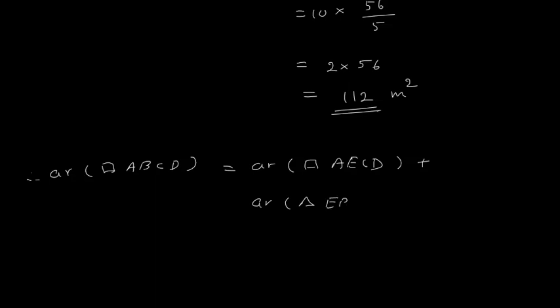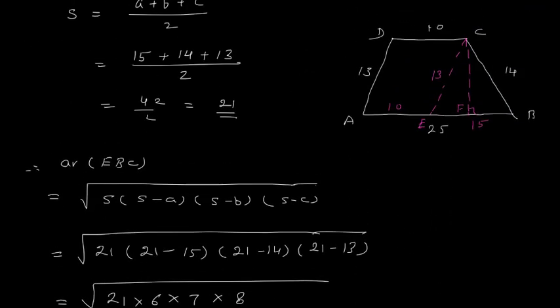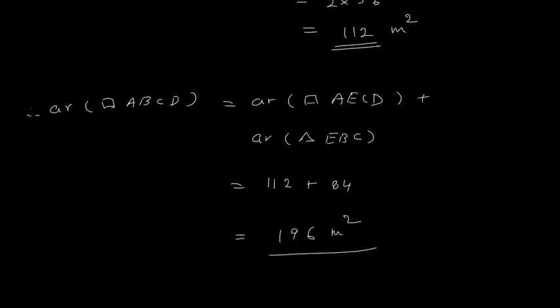Now area of this is 112 plus area of this triangle. Area of triangle we have calculated as 84. So 112 plus 84 is equal to 196 meter square. This is area of trapezium ABCD.